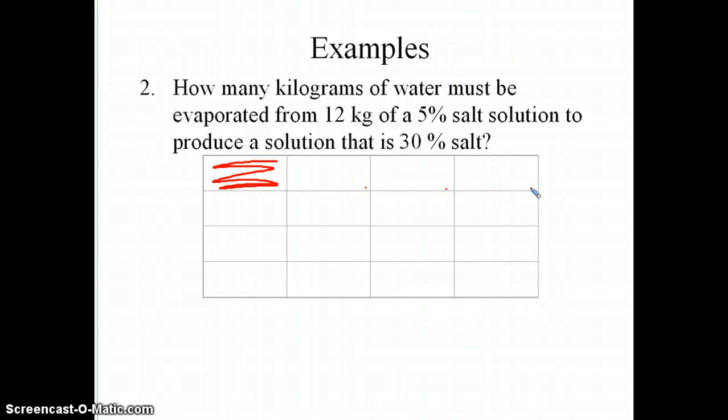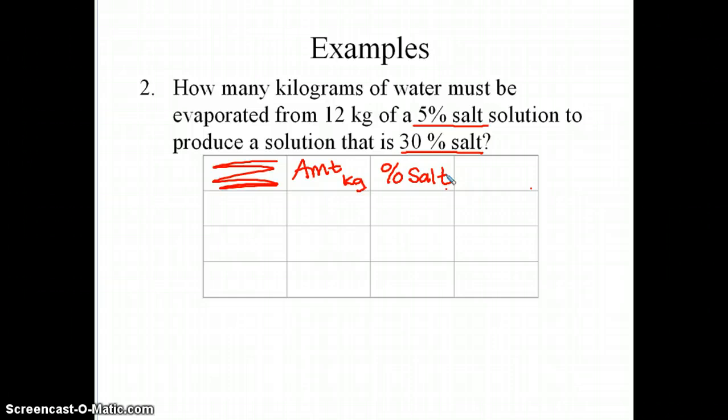When I look here, I see that I have 12 kilograms of a solution, so I have an amount in kilograms. And here and here, I notice that I have a 5% and a 30% salt solution. So this is going to represent percentages of salt.